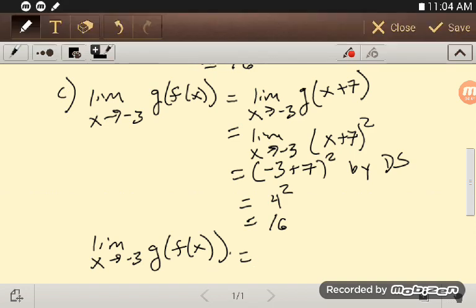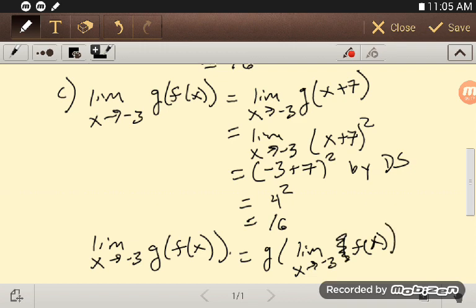Then what we can say here is that this limit is equal to g of the limit as x goes to -3 of f of x.